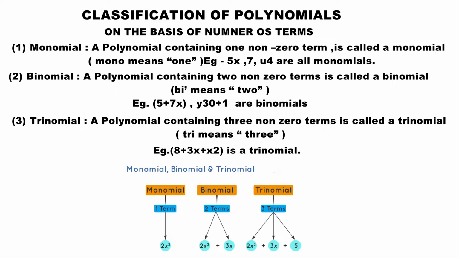Now let's discuss trinomial. A polynomial containing three non-zero terms is called trinomial, in which tri means 3. Just take an example. 8 plus 3x plus x square are trinomials.